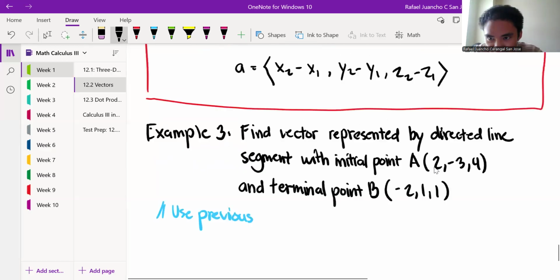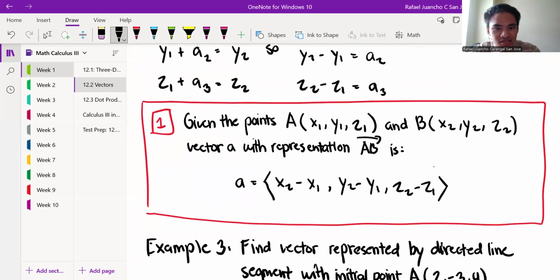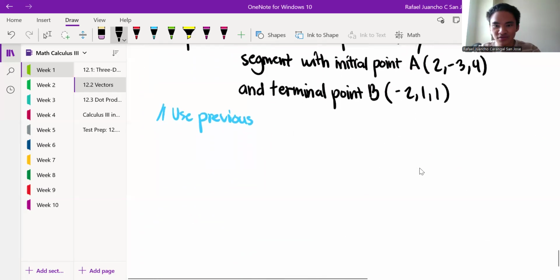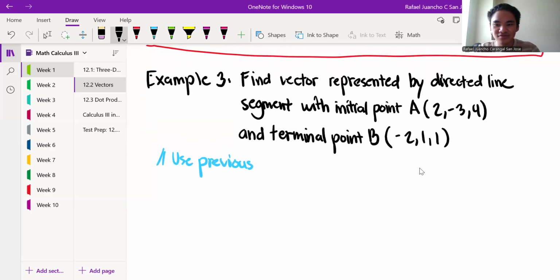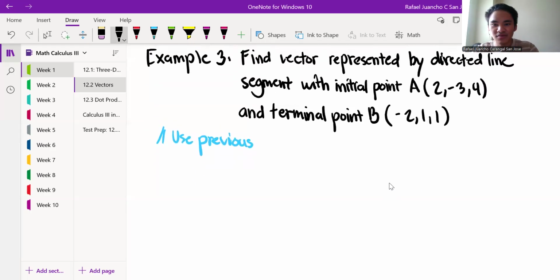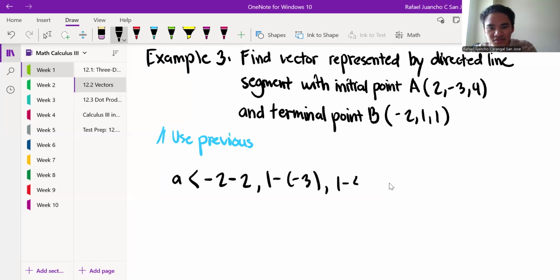Yeah, so there's actually something missing with the formula. Just to make it precise, it's the absolute value of each of these numbers, so that whatever I subtract it with is going to flip the sign around. So let's say I do B minus A. Then that's -2 minus 2, 1 minus -3, and 1 minus 4.